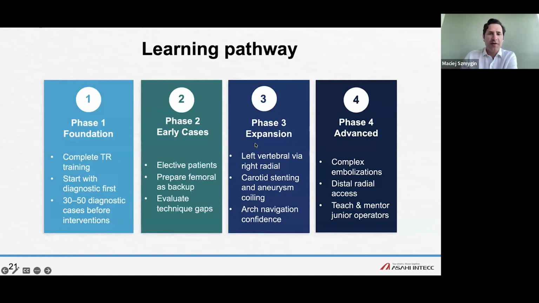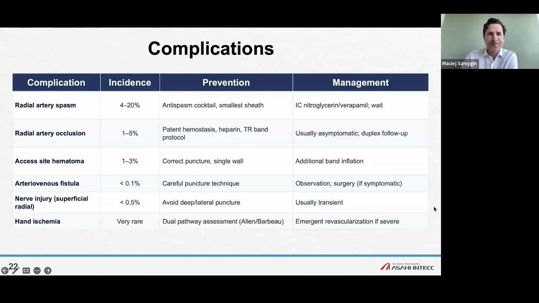If you master early phases, then you can try more difficult cases like left vertebral artery, which can be very, very difficult. And then move to complex embolization, maybe try distal radial access, maybe try left radial access, and really have fun with it, because in our opinion, apart from a lot of benefits for patients, it's just more fun for the physicians.